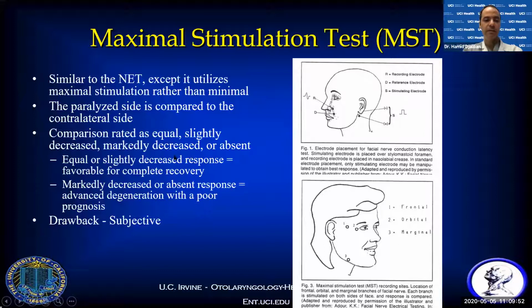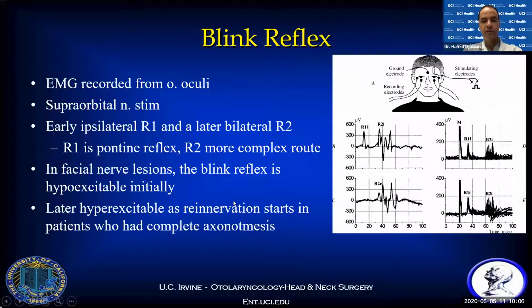And basically, if there is slight or equal, of course, then that would be a favorable recovery, and if there's marked decrease, then that would be more significant and poorer prognosis. Again, the main drawback is that it is a subjective thing.